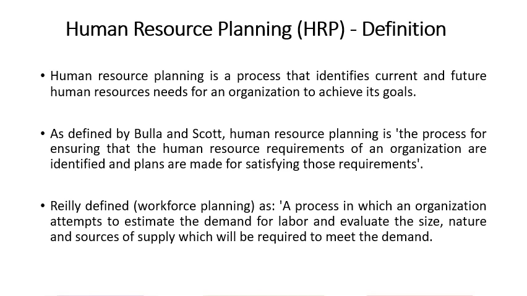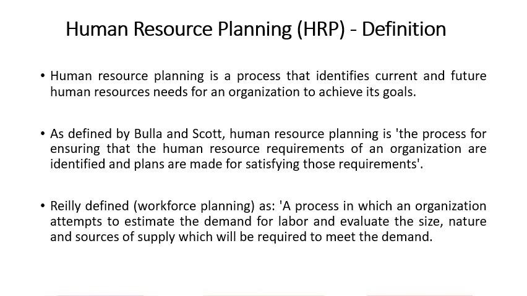As defined by Bulla and Scott, human resource planning is a process for ensuring that the human resource requirements of an organization are identified and plans are made for satisfying those requirements.